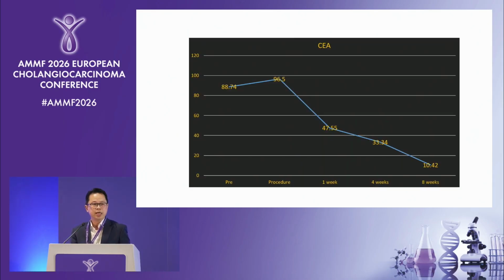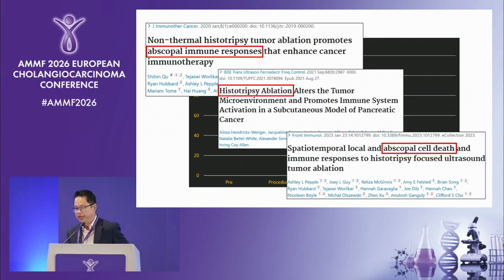And interestingly, the CEA enzyme, essentially to indicate the level of cancers, has also subsequently reduced after a couple of months following histotripsy. It does signify the importance of what we call immune regulation.